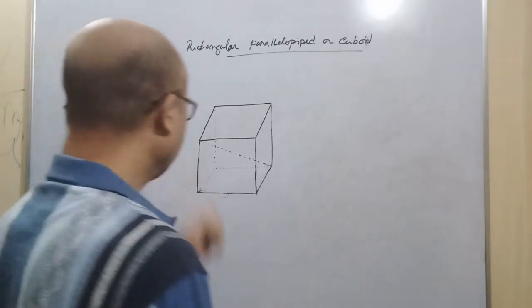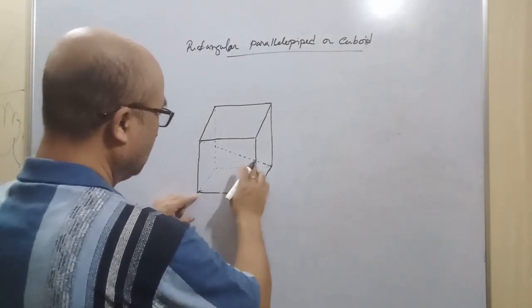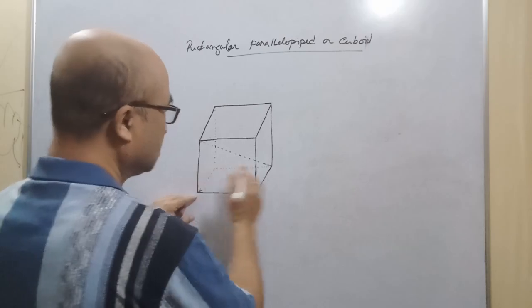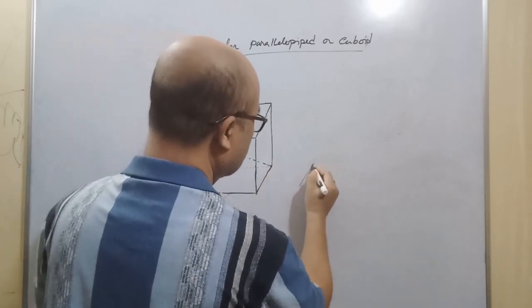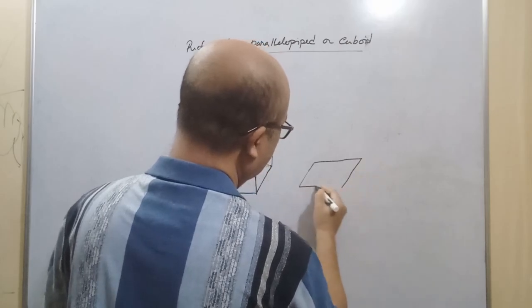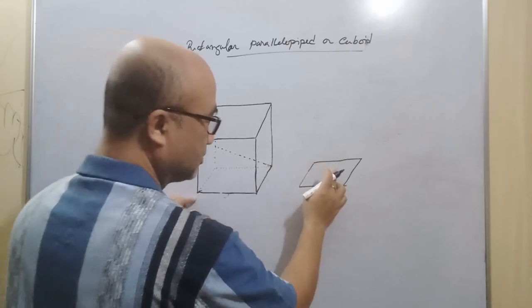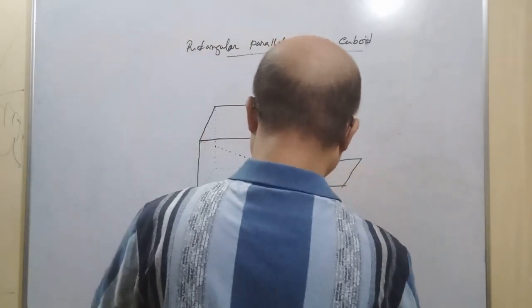So for that, first we will take this surface, this whole surface. It looks like this. This surface looks like this, but actually it is a side view.